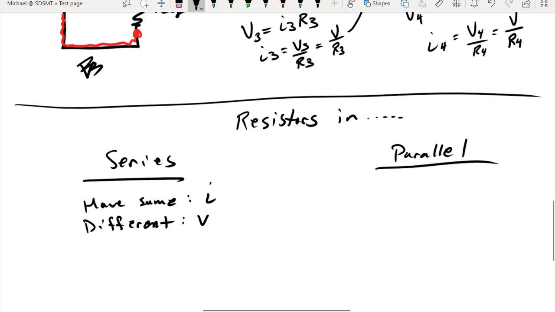They have different potentials, and the equivalent resistance can be found by taking the direct summation of all the resistors.